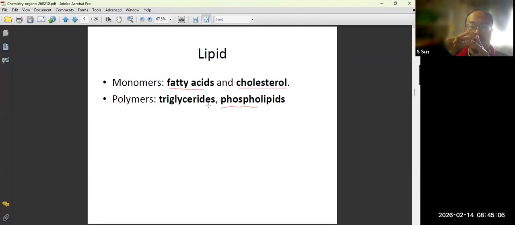And you can have three fatty acids together right here. We don't call it tri fatty acid, we call it triglyceride. So basically, it's glycerol and three fatty acids. We call it triglyceride. So that's the monomer and that's the polymer.